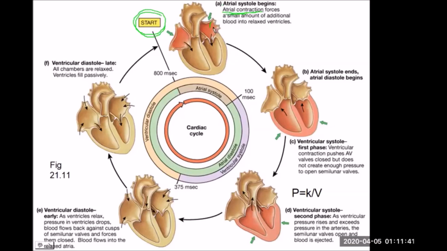This is now forcing blood through those open atrioventricular valves to fill the ventricles. And it's not until a delay in time until the ventricles begin their phase of systole. So the ventricles now start to contract slightly later after the atria already have.